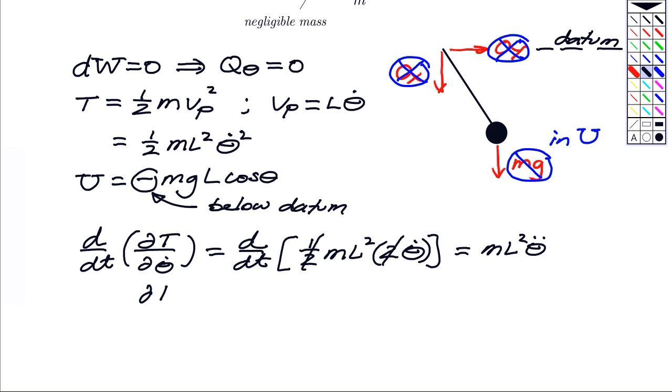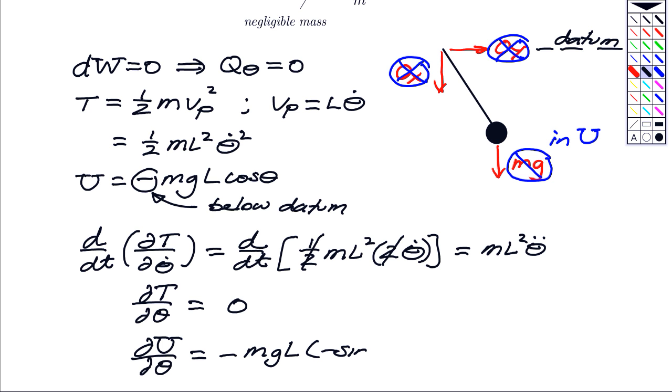When we look at partial T with respect to the angle theta, there is no dependence. We look at how U, the potential, changes with the angle theta. We get minus mgL times minus sine theta. So the minus and a minus, we get a plus mgL sine theta.